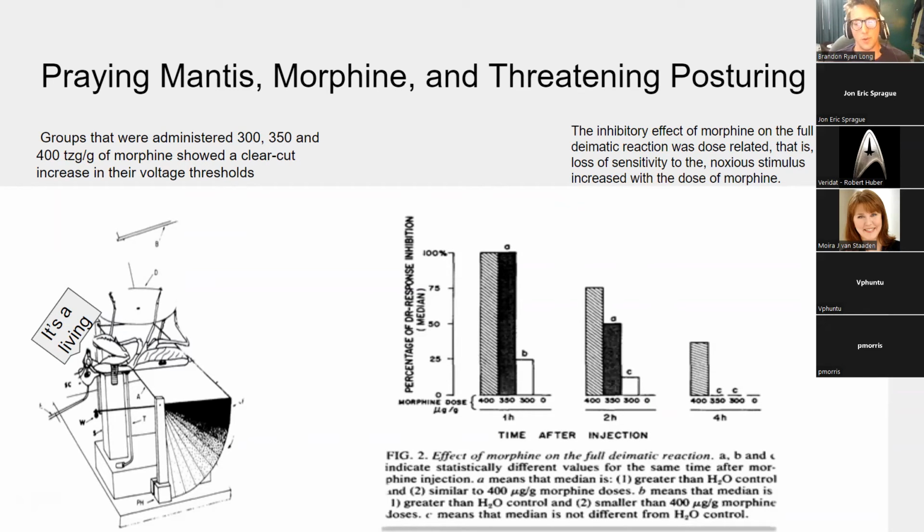What they saw was large inhibition of this defensive reaction whenever you give them morphine. It takes a lot more voltage to an integrated curve too. You can see the two bars here where they're at maximum 1 hour after they injected them. These are the large doses, full inhibition of reaction. And then here you have about 1/4 of a reaction of the defensive behavior.